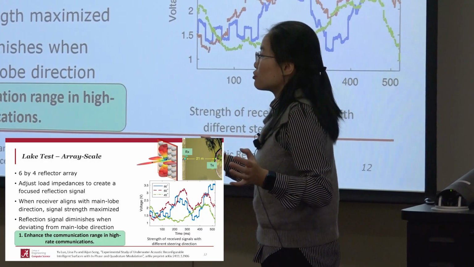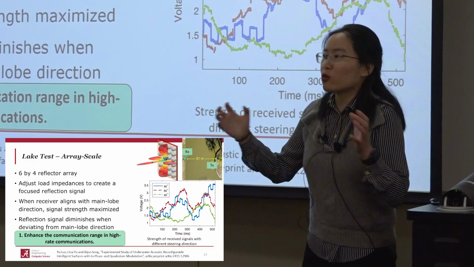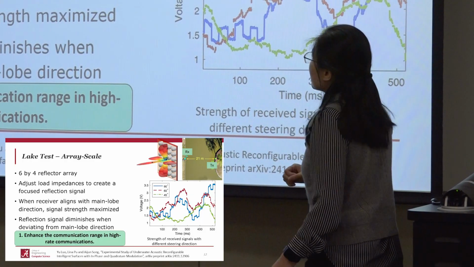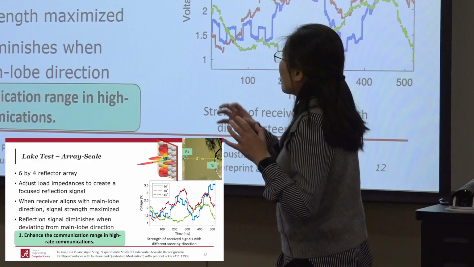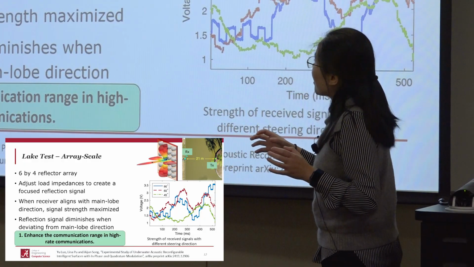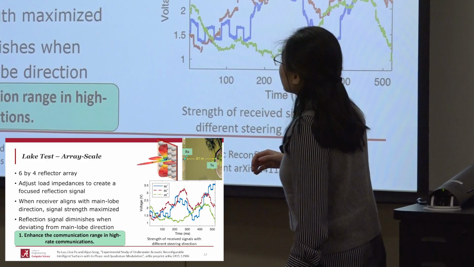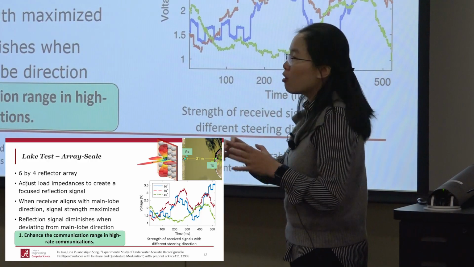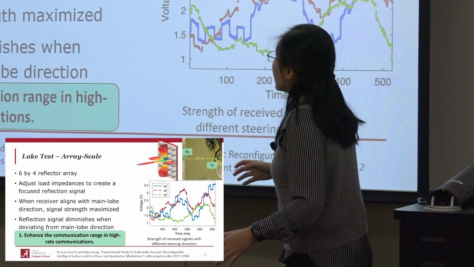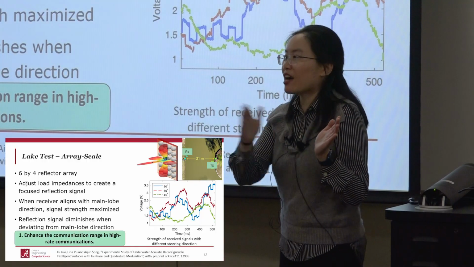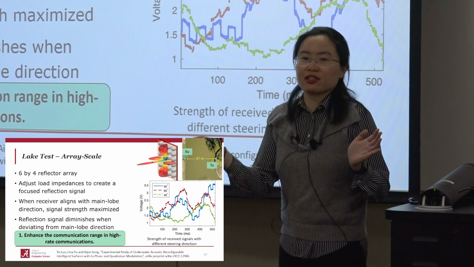So in our lake test, we scale up the validation into the array scale. Basically, we wanted to test the whole system. And this test includes the whole 6x4 reflector array. And we adjusted the load impedance of all those reflectors. And we would like to see whether we can change the direction of our reflected signal, right?